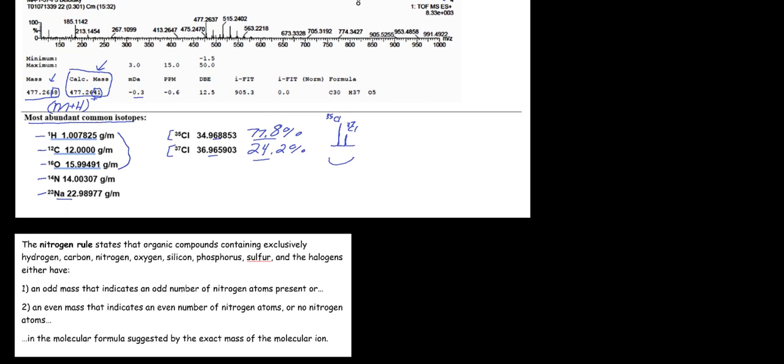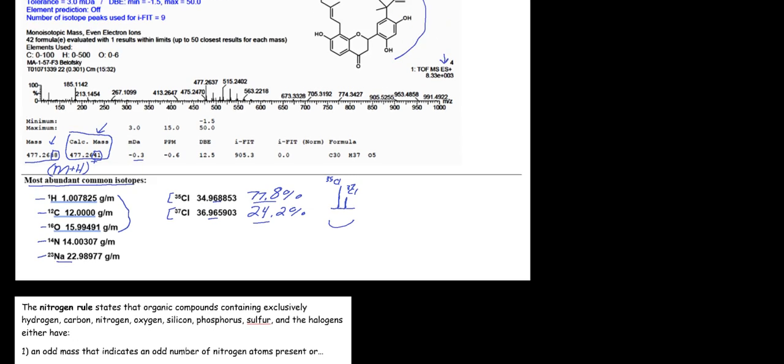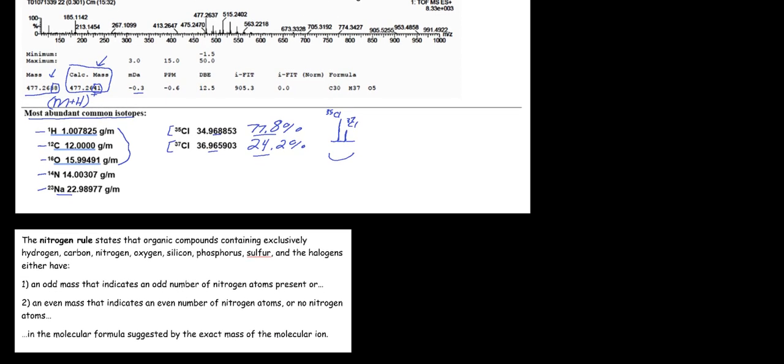Finally, there's the nitrogen rule, which, as rules go, is quite specific. You can see how it's worded here. Basically, this molecule that we're looking at above has no nitrogens and would fall under the second one here, where it says that it should have an even mass because it has no nitrogen atoms.